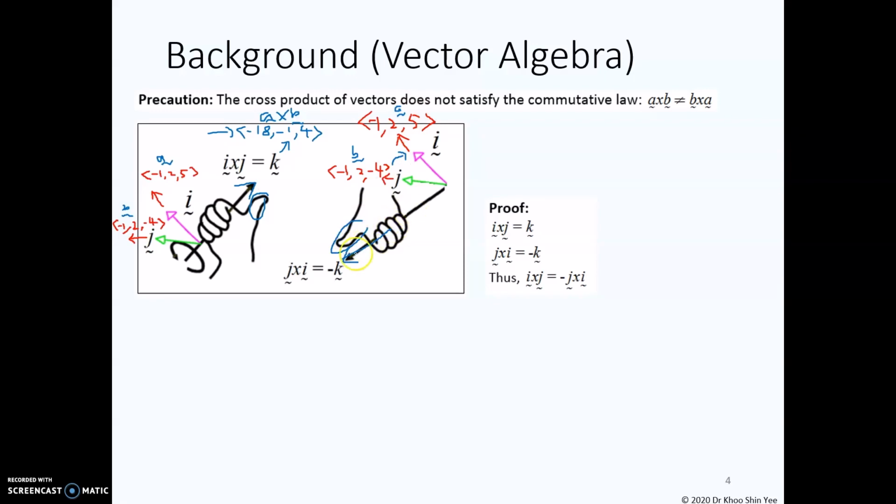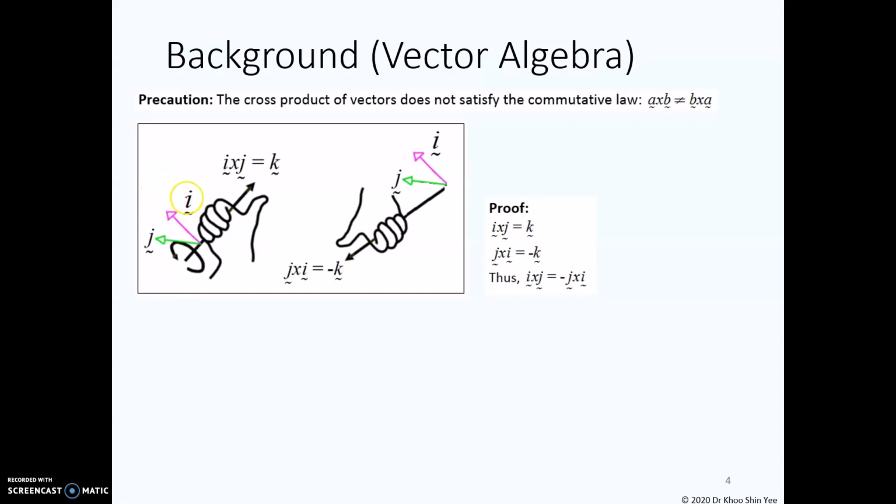You see this direction is opposite to A cross B. Therefore, B cross A is in the opposite direction to A cross B. With that, we succeeded in obtaining B cross A equal to negative this item, so you obtain 18, 1, and negative 4. It's very important for you to understand why A cross B is not equal to B cross A, and you can find it by using the right hand rule here.